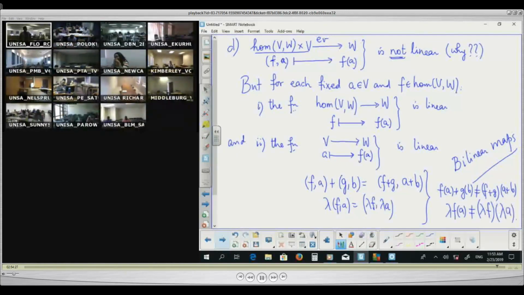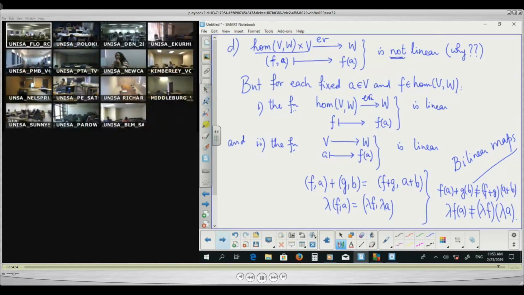But we have shown that if we fix an A, this map is linear. This was our evaluation at A. On the other hand, if we fix F, this is also linear. Okay? So if I fix one side, then it is linear. Can we say it in this way?